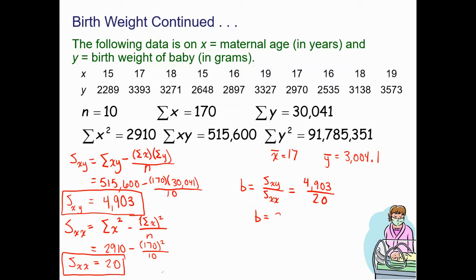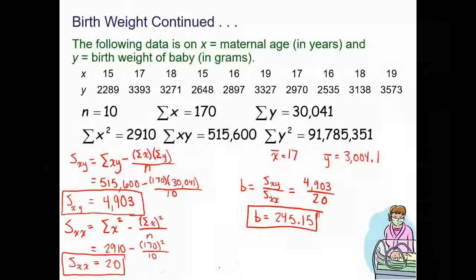That gives 245.15. And then on the back, I'm not going to change slides, but on the back, we have to calculate A and then get the regression line. So I'm going to do all that on this same slide.